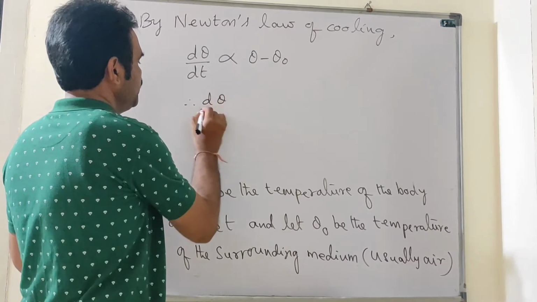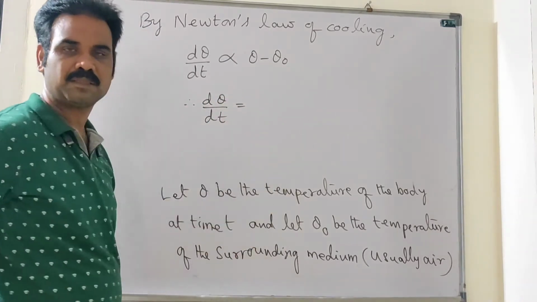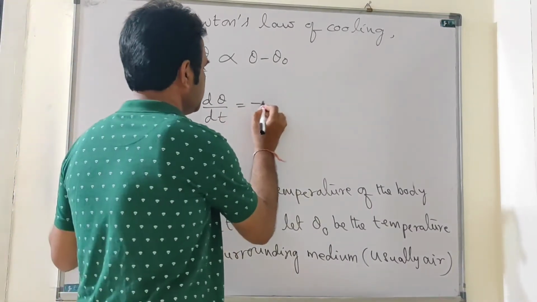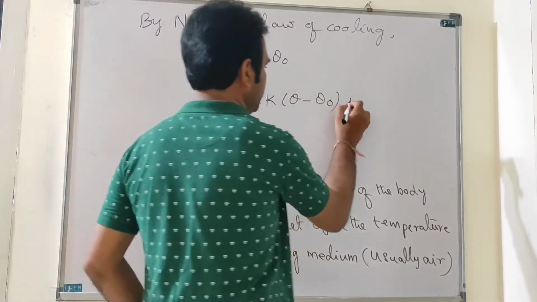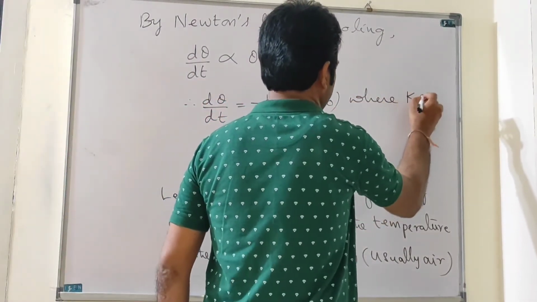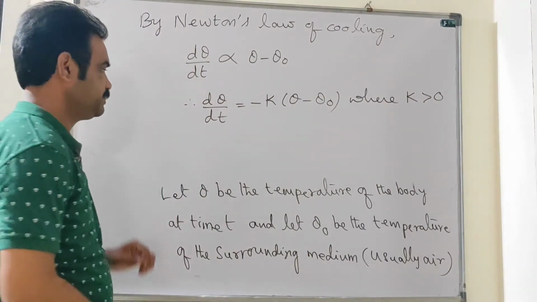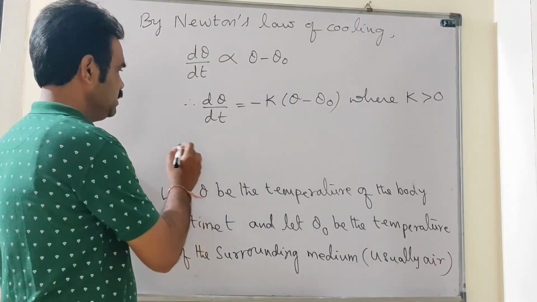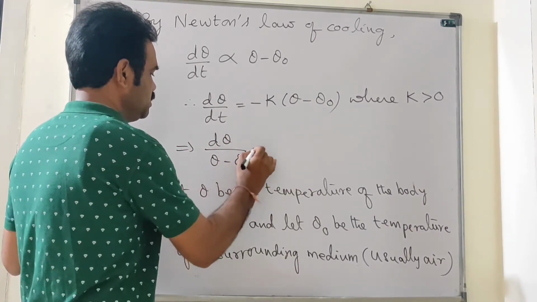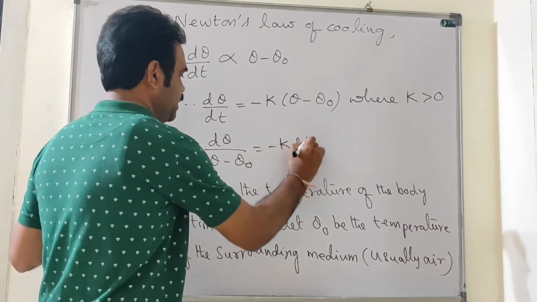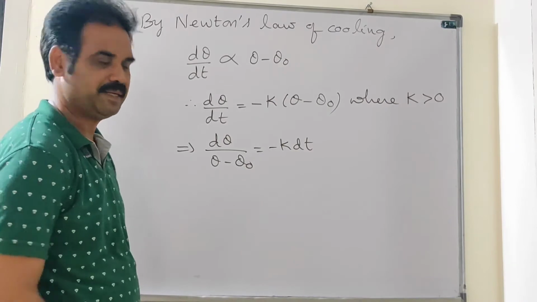Therefore, d theta by dt is equal to minus k into theta minus theta naught, where k greater than 0 is the proportionality constant. That implies d theta by theta minus theta naught is equal to minus k dt.